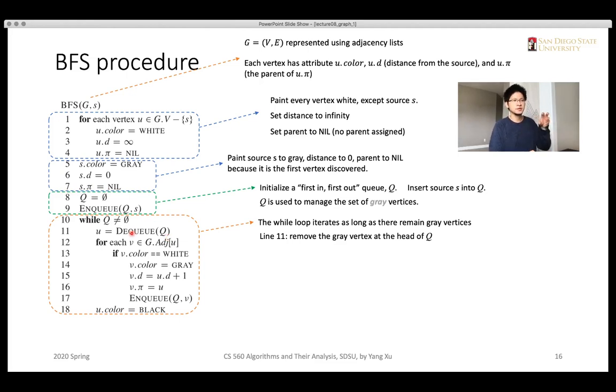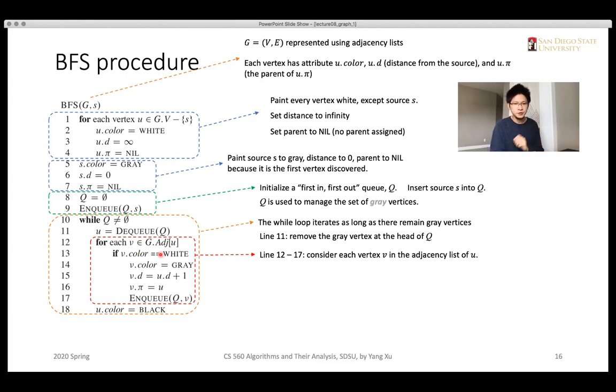We take the first element out of the queue, and we call it vertex U. Then, within the inside for loop, we go through each vertex within the adjacency list of U. U is the vertex we just dequeued, and we visit all the adjacent vertices of U by using this G.adj with index U. For each vertex V in it, we will visit it.